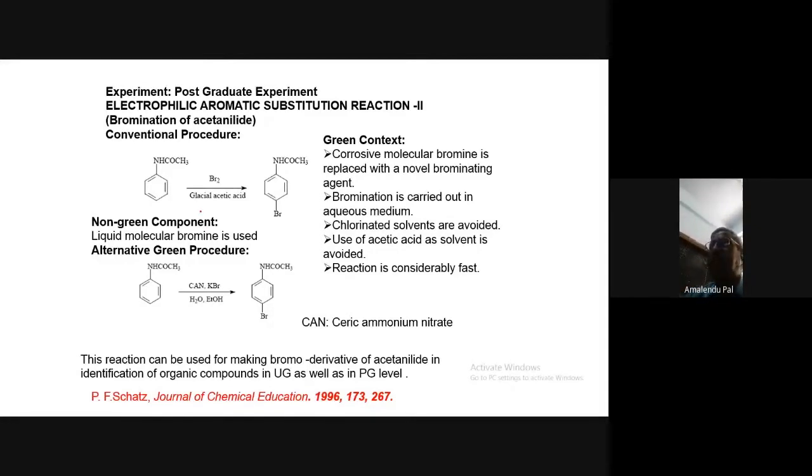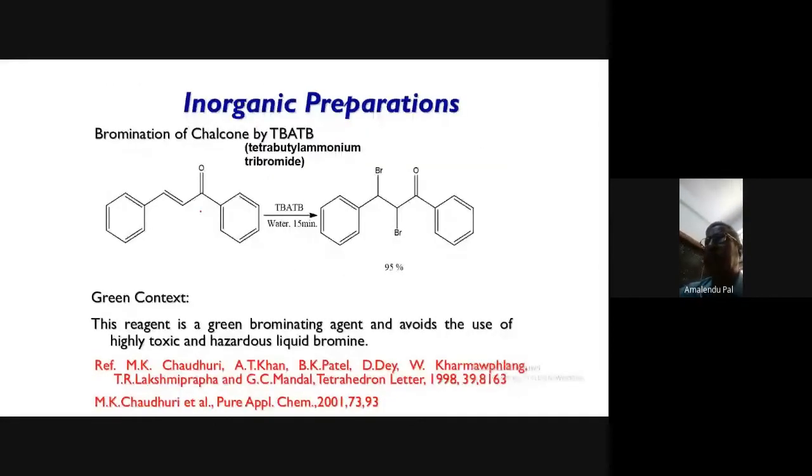Another one is the bromination of chalcone. Here we are not using bromine. You see, tetrabutylammonium tribromide and water, and in 15 minutes you can boil it. This gives bromination with 95% product, and we avoid highly toxic, hazardous, corrosive liquid bromine.